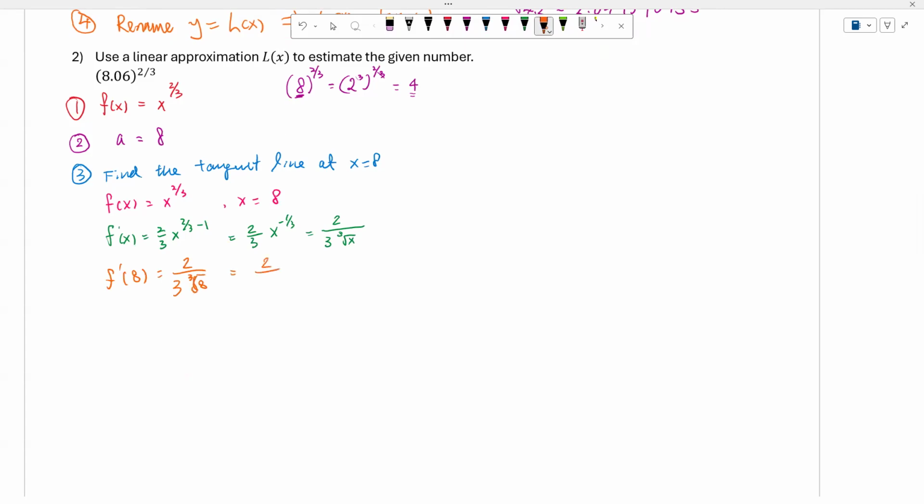And 2/3 times 2, so I have 1/3. So this will be the slope of the tangent.